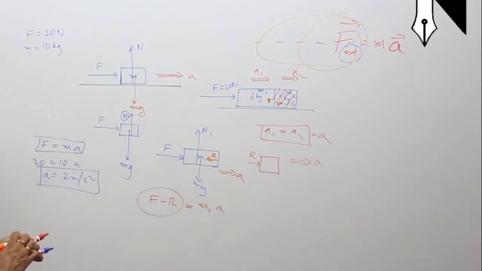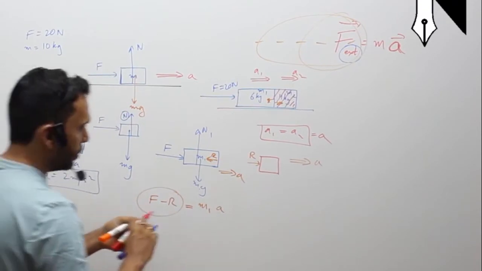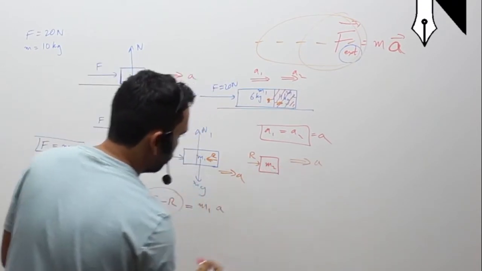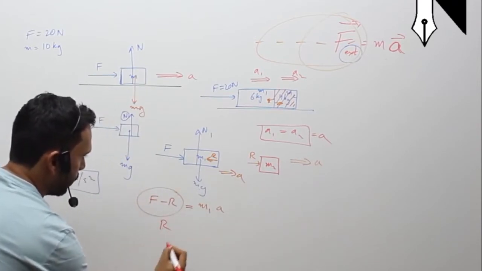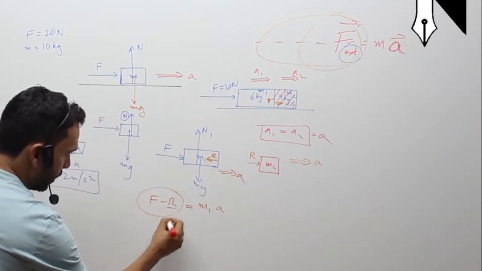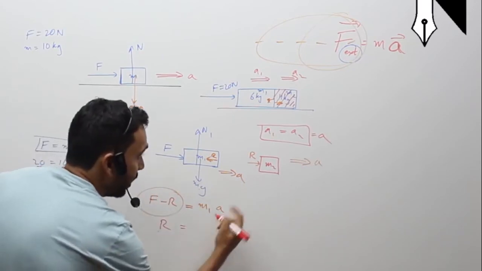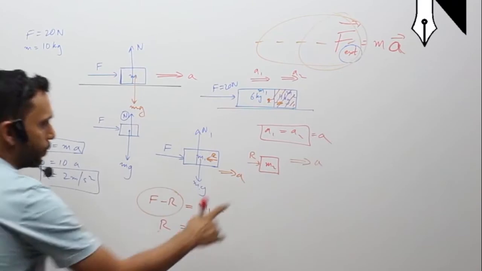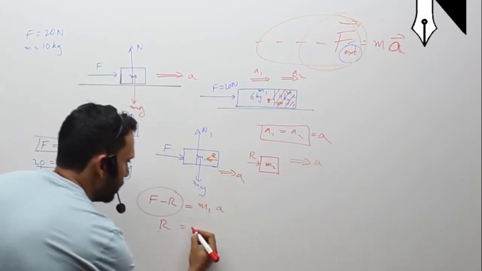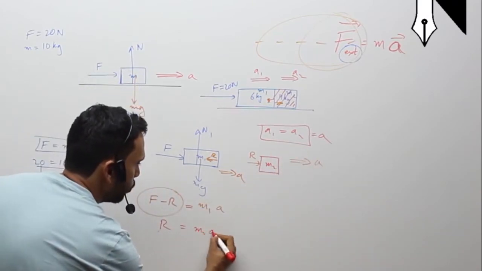And what about this one? If I write the equation for that, this is your M2, then it received a push from the back of R, which is the same. This R and that R are the same. So it received a push of R, and that's the only force which is making it accelerate in the forward direction. So R must be equal to M2A.